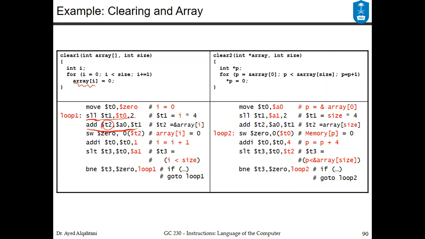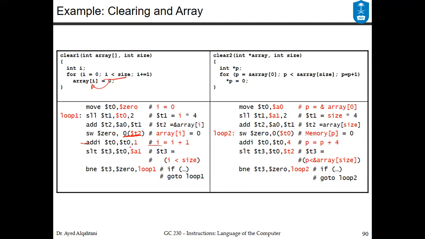And now what you do is at this location, you assign 0 to it, meaning that you need to store 0 to that.